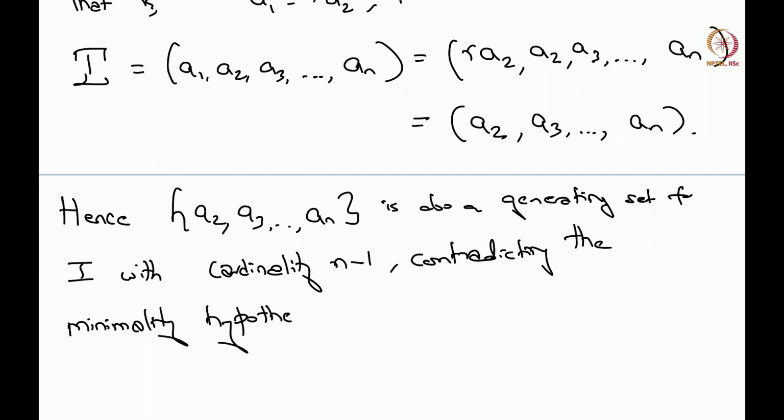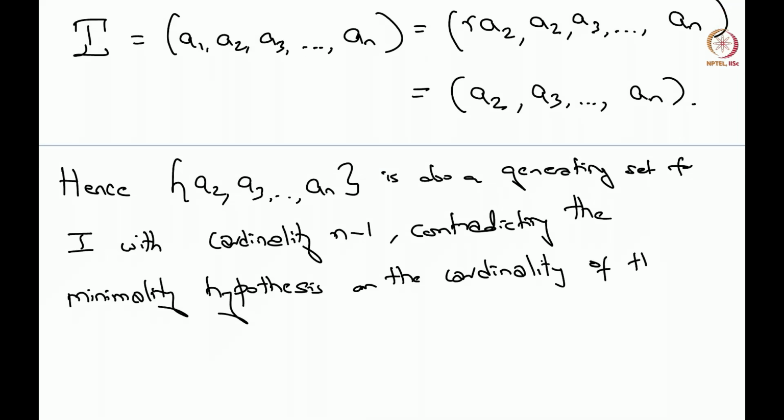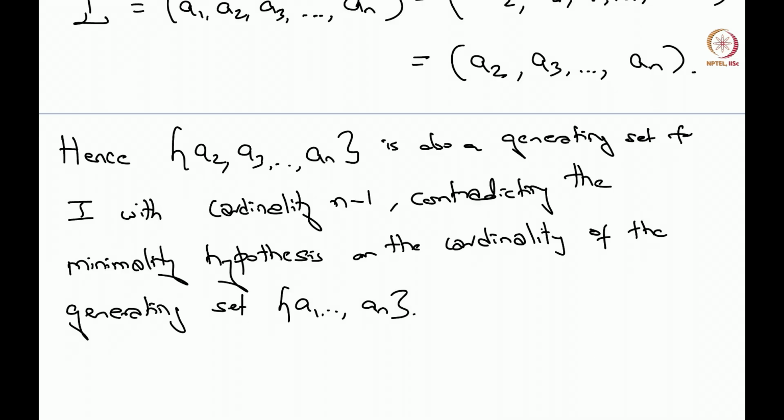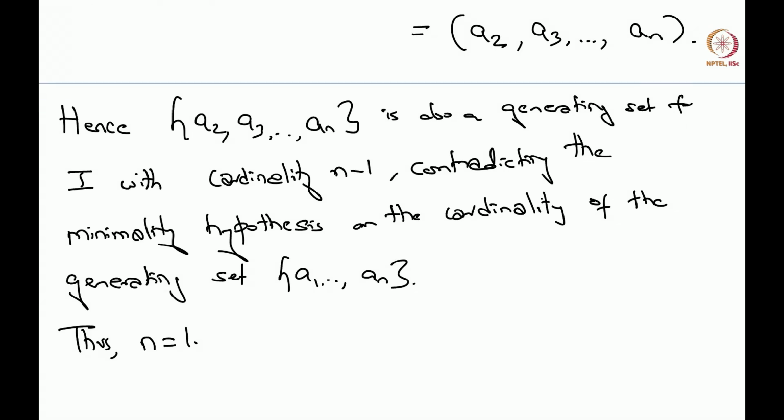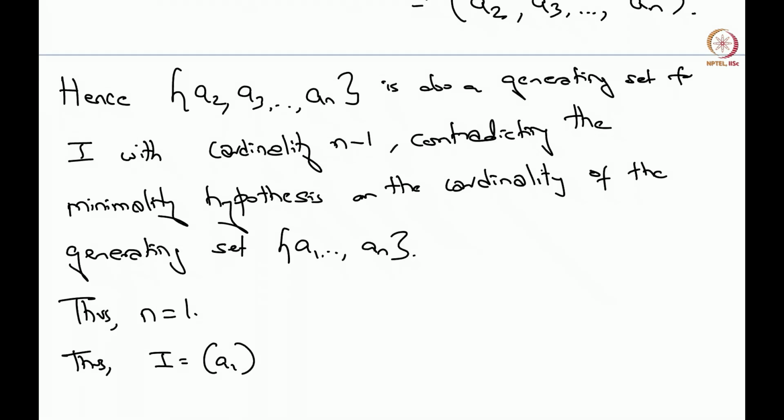So this contradicts the minimality of the cardinality of the generating set A1 up to AN. So the hypothesis that we assumed for the sake of contradiction, that n is larger than or equal to 2, is false. Thus n must be equal to 1, and hence I is generated by one element and is principal.